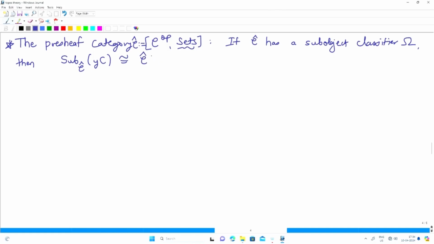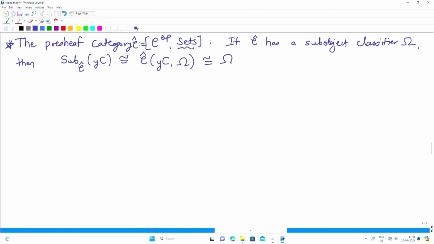In the category C hat, if such a subobject classifier exists, then you simply have to substitute this. Yeah, Sub is a co-representable functor, so therefore it has to satisfy this identity. But now what is this? What are the morphisms in C hat? They are natural transformations. So natural transformations from a representable or a co-representable to another thing, what will it be?